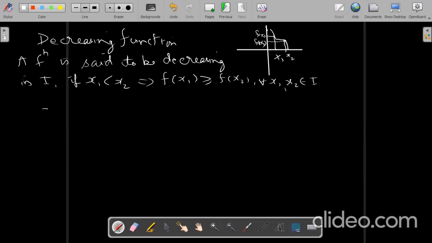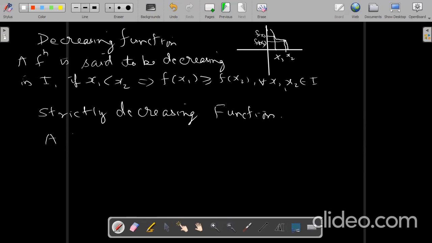Similarly, if it is strictly decreasing, then this sign will be only greater than, not greater than or equal to. So to show that it is strictly increasing or decreasing, this condition should be followed. So we will prove by using this condition.